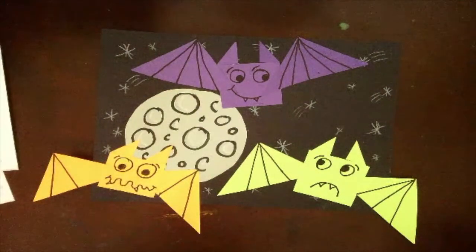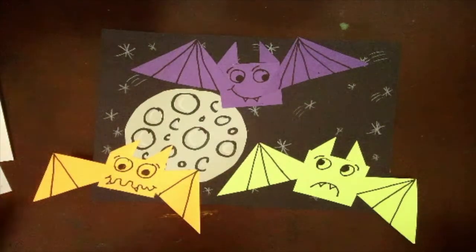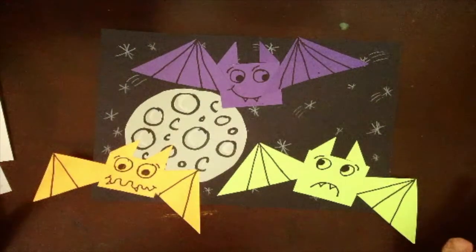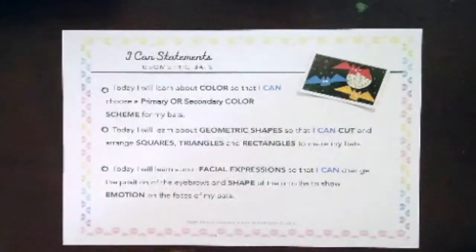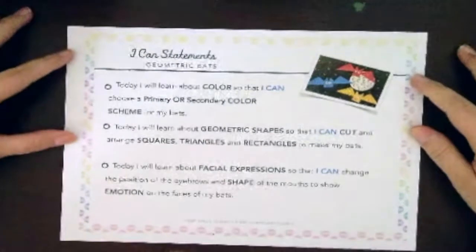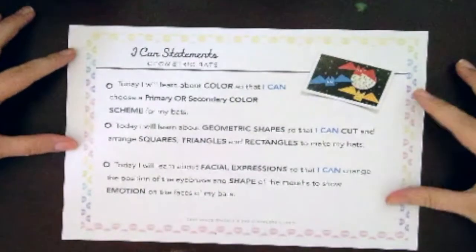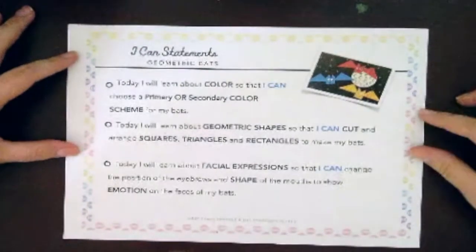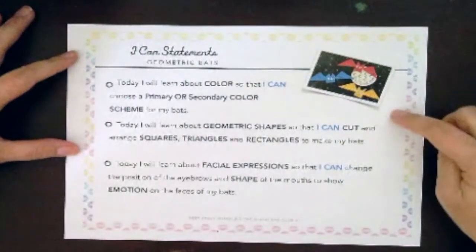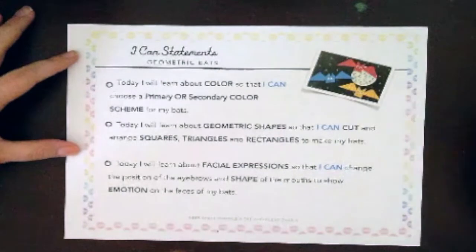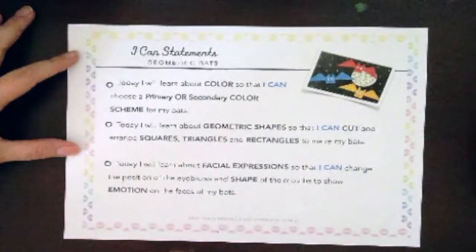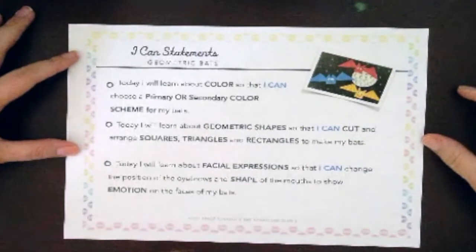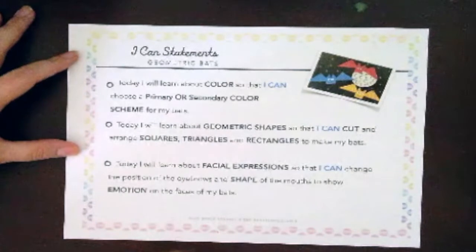So let's get started, and I'm going to start with what's called I can statements. Alright, so our I can statements. This is all about what you as a student are going to learn and practice during this art project. Today, I will learn about color so that I can choose primary or secondary color schemes for my bats.